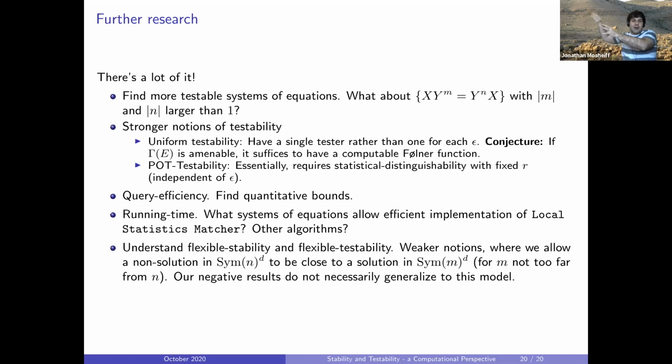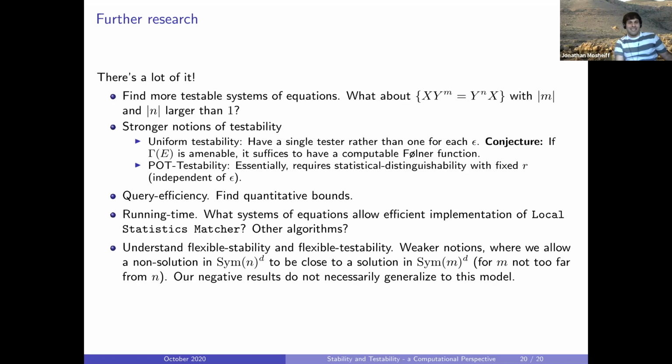We also allow n to change slightly. So we can think of this as, if you want to take your graph and fix it into being a solution, you're not only allowed to change the edges, you're also allowed to remove or add a small number of vertices.